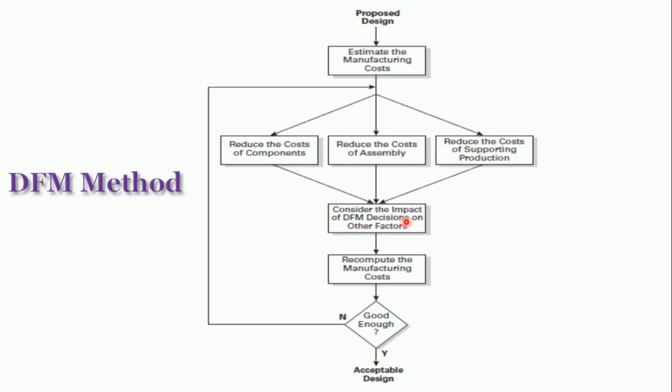Then consider the impact of DFM decisions on other factors. Recompute the manufacturing cost. If this is good enough, then accept the design. Otherwise, we start iterations to reduce the cost and other components. This is the general way of the DFM methods.